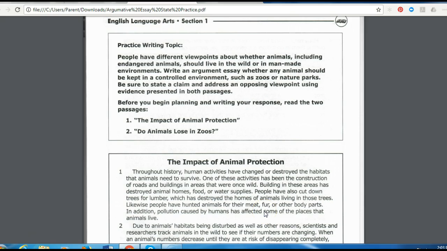The important thing about argumentative writing is that there's not a right or wrong answer. And so you want to make sure that you can express to the reader why your beliefs are correct.